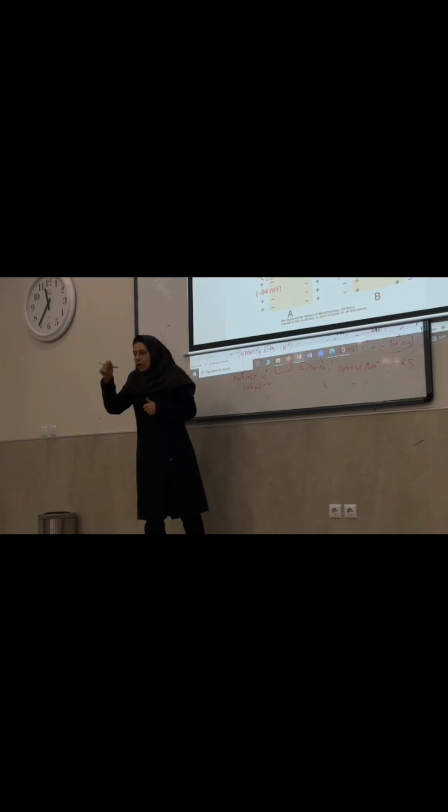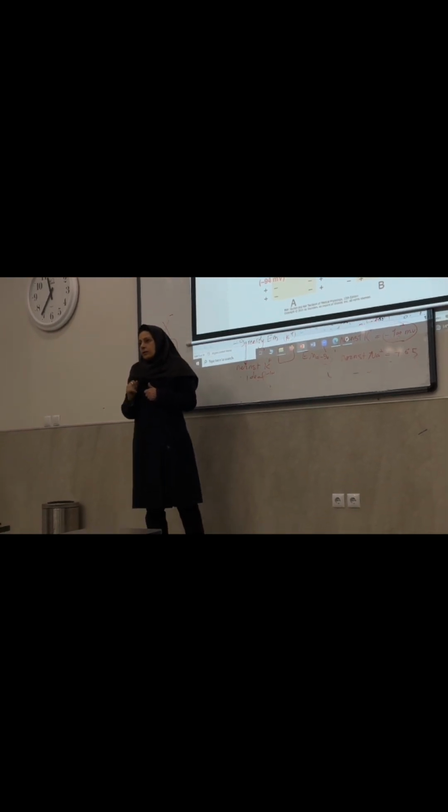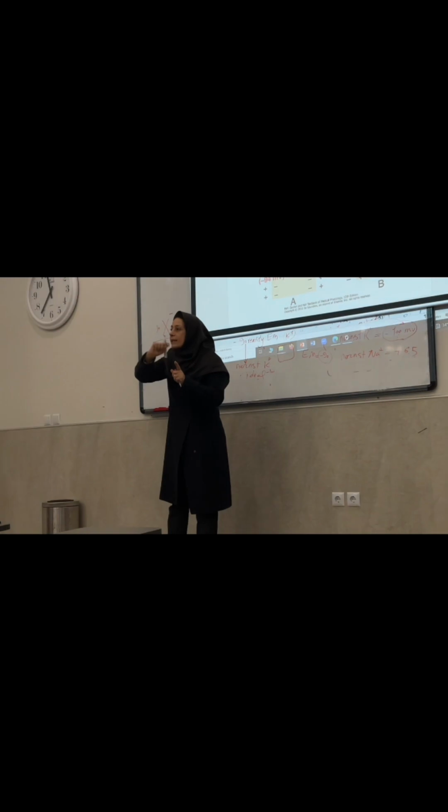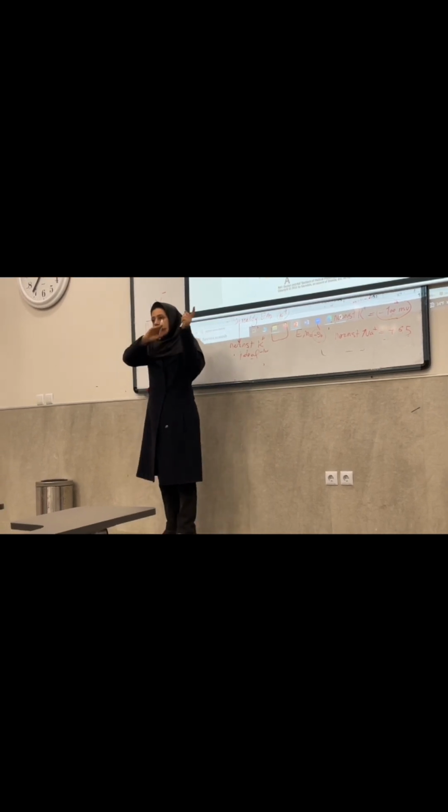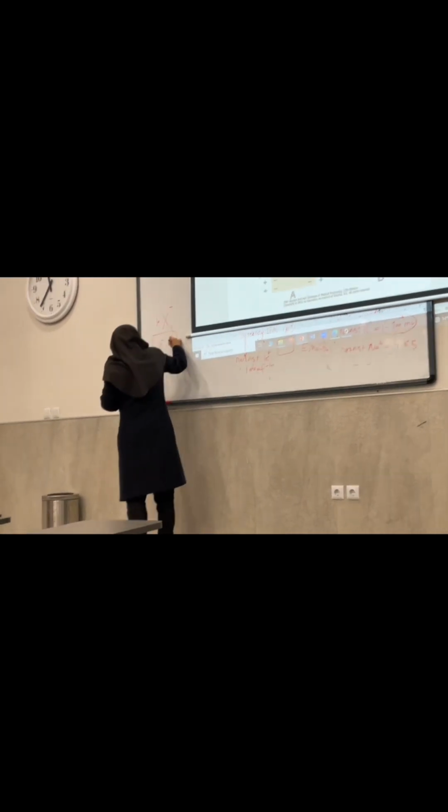I will ask you whether this ion is coming inside or going outside. The first thing is to draw the arrows, chemical and electrical gradient. The chemical is according to concentration. Outside is much more concentrated, inside is less. So the gradient goes from high concentration to low. This is the chemical gradient.